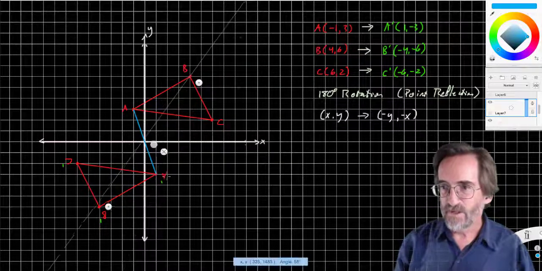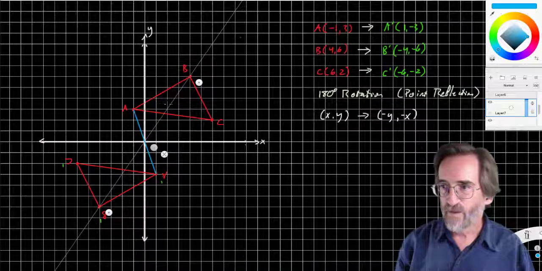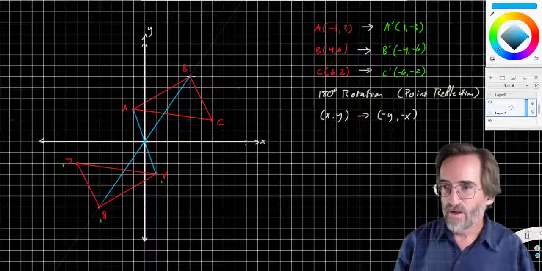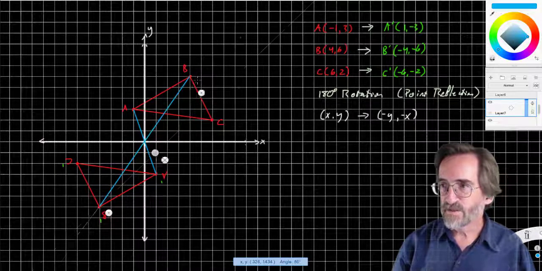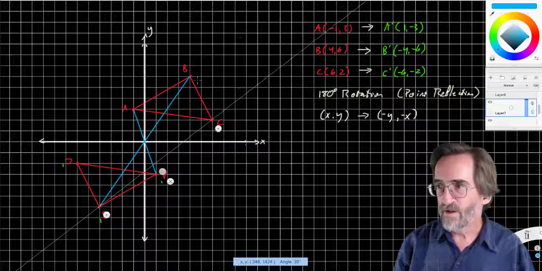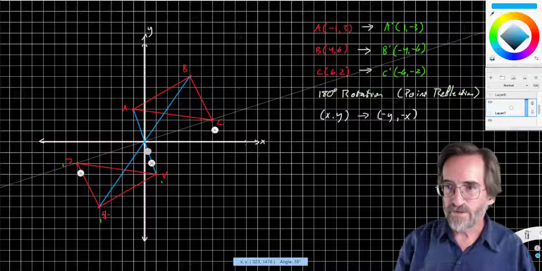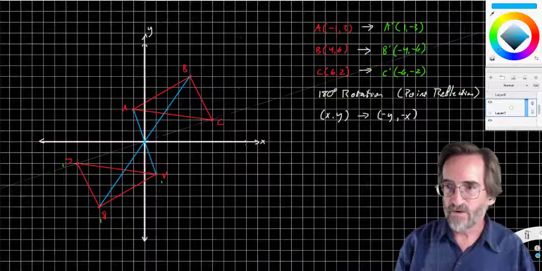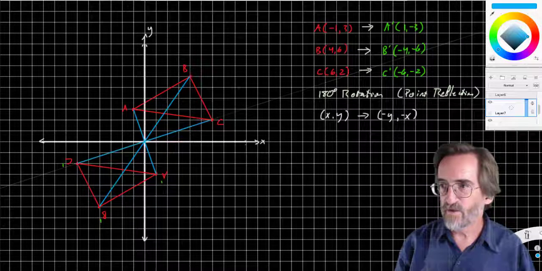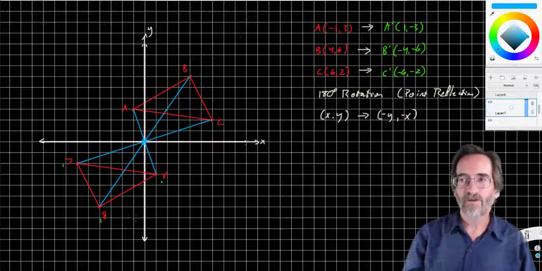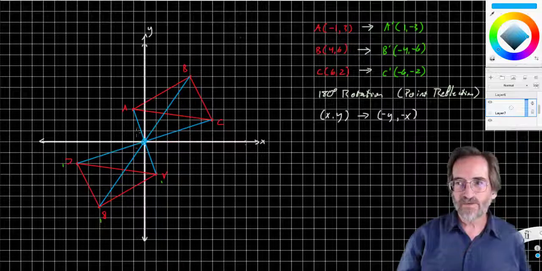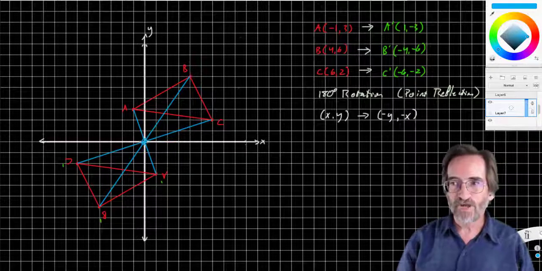Here's B to B prime. And here's C to C prime. Okay, and hopefully what you notice is that all of these lines go through the origin. That's the point we spun around, right? So they have point symmetry, or it's a point reflection with this point.